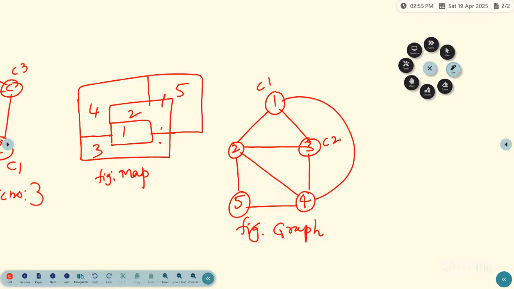C2, C1 not possible. 1 and 4 are connected. C2 no. If these two are not possible, then go with a new color, a third color. And here C1 not possible, C2 not possible, C3 also not possible. Then C4. And this C4 not possible, C3 not possible. Here it may be C1 or maybe C2.